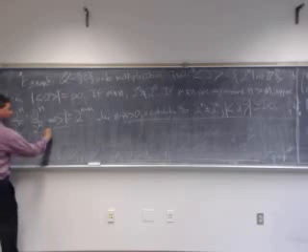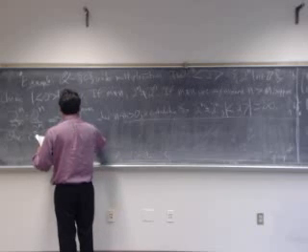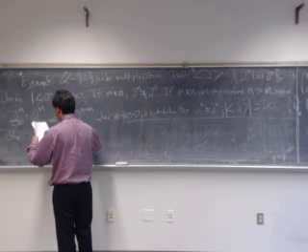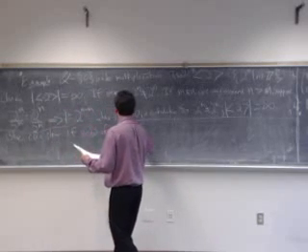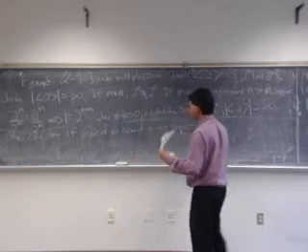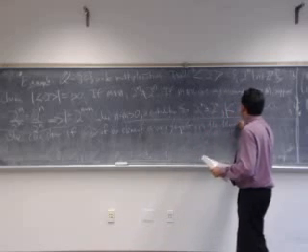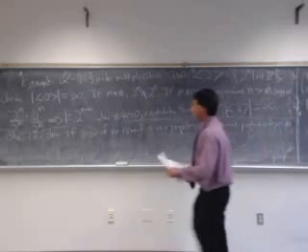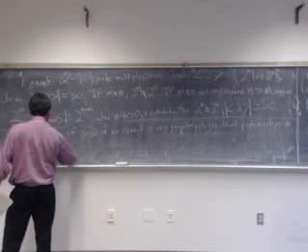One can show that the order of an element A in a group G is the least positive integer, strictly greater than 0, that's what positive means, with A to the n equal the identity.